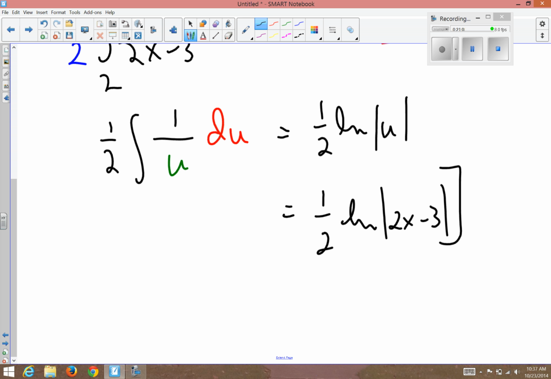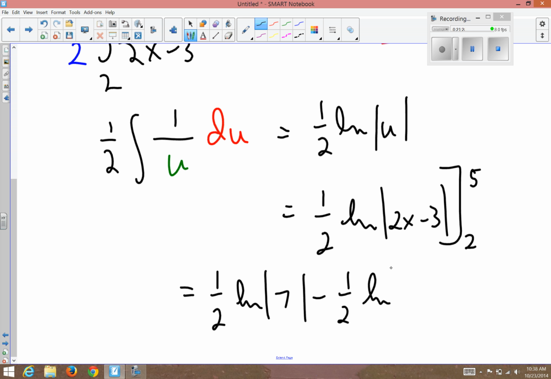Integration is from 2 to 5. That tells me to replace any x with 5. 1/2 the natural log of 2 times 5 minus 3. That's 7. Minus 1/2 the natural log of the absolute value of 2 times 2 minus 3.